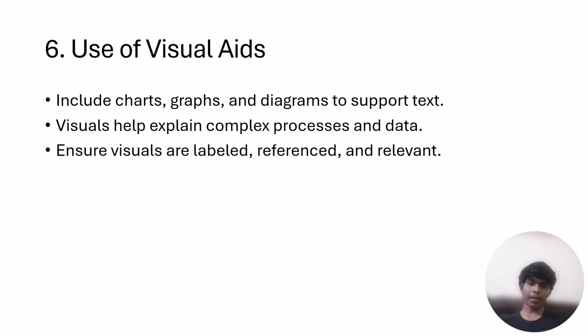With technology now we have smart TVs, projectors, etc. Or we can even use charts, references, etc. in our visual aids for better understanding of the students or listeners. Visuals help explain complex processes and data in a simple way. Ensure visuals are labeled, referred to, and relevant.